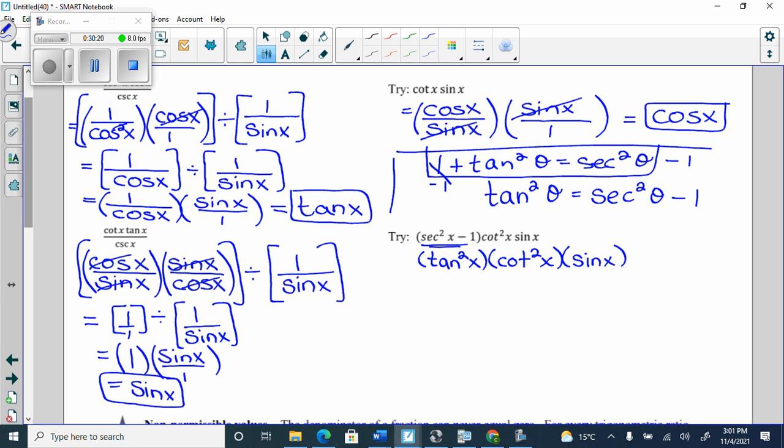Tan squared x is what? Sine squared x over cos squared x. Cotan squared x is cos squared x over sine squared x. And then sine x is just sine x over 1.